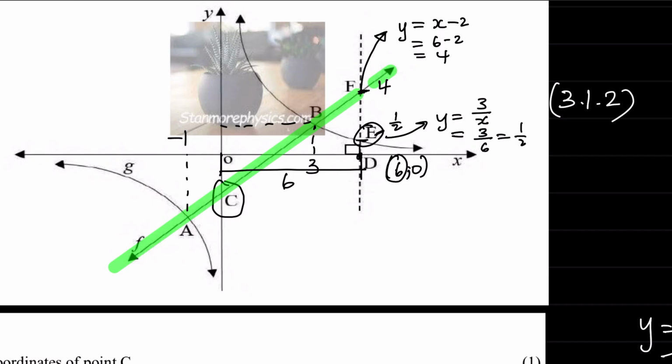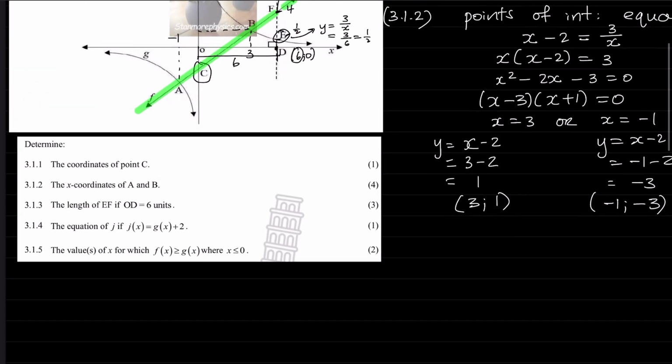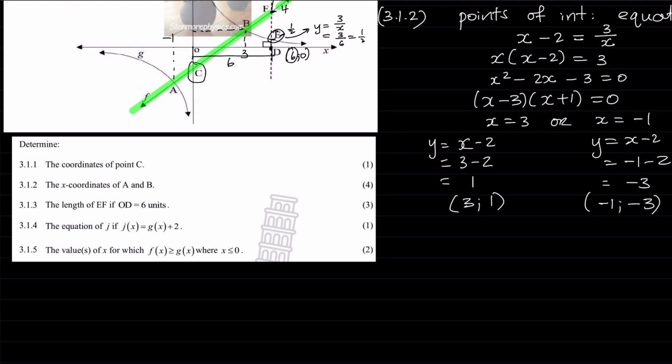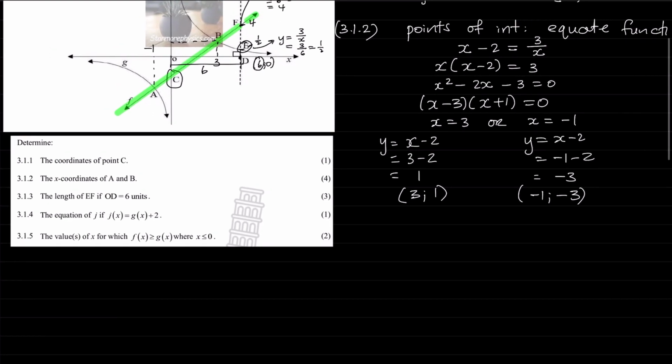So we have a line now that has the following points. Let's redraw it here. You have 3.1.3. We have a line. This point is a half in length. This point is 4.